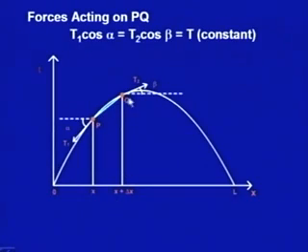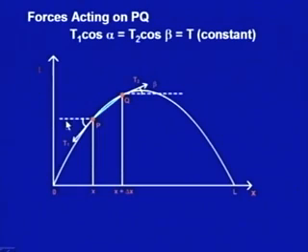Now we will see what its components will be. With the horizontal line, this tangent is making the angle beta at Q and angle alpha at P.